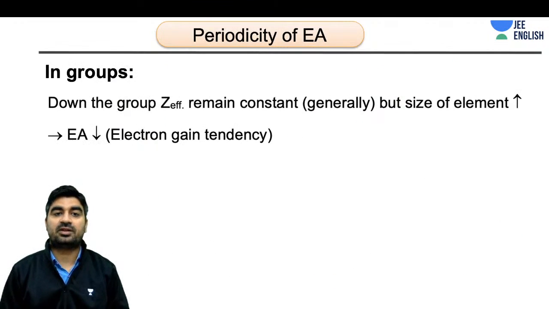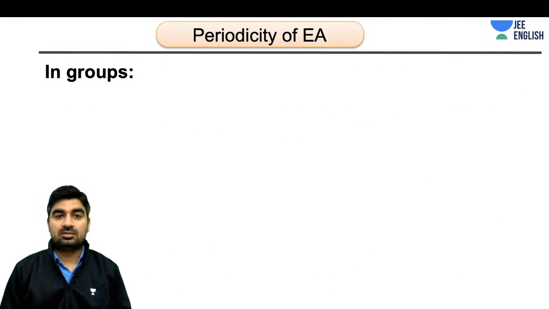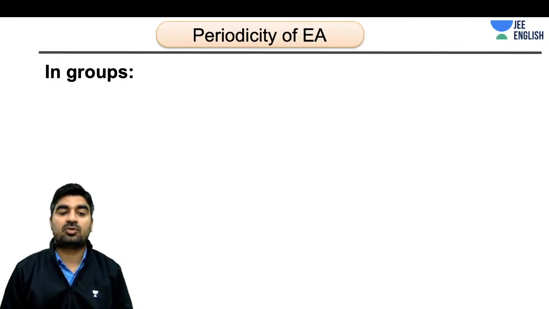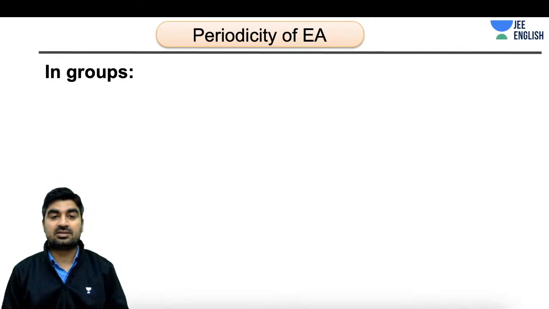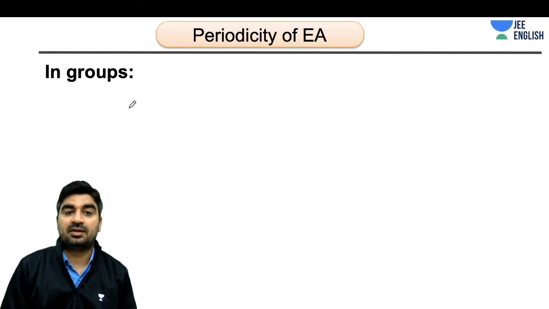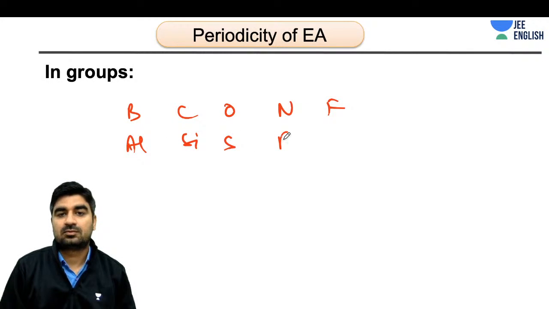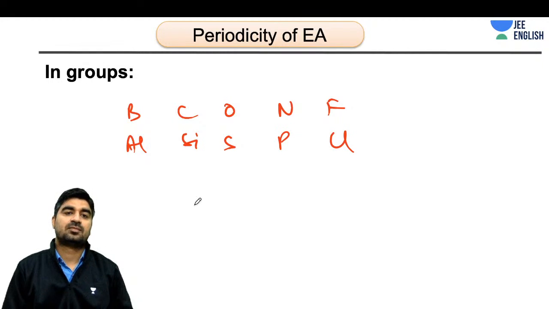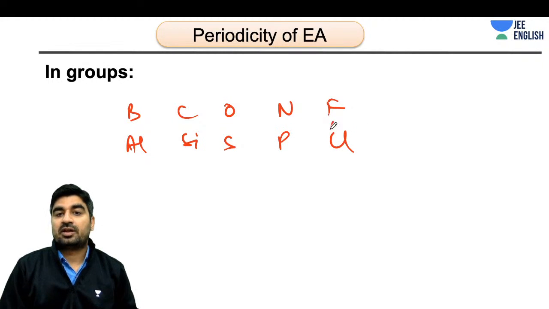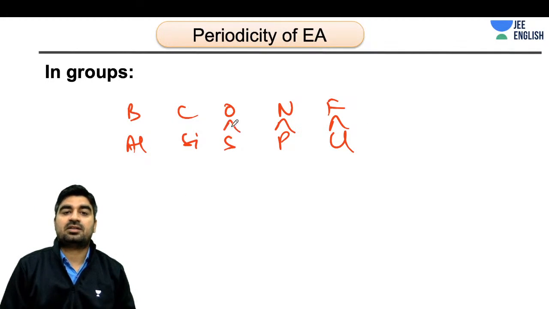There is one more point that is important here. Down the group, electron affinity what? Decreases. But in the second period, aluminium, silicon, chlorine. So the electron affinity of chlorine is greater than this. Silicon is greater.